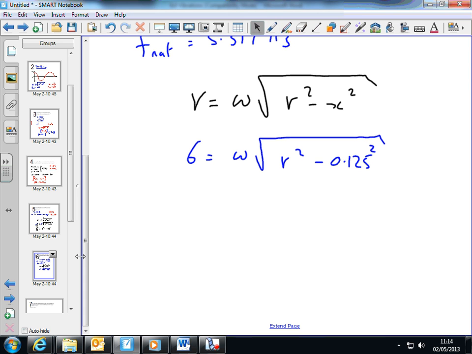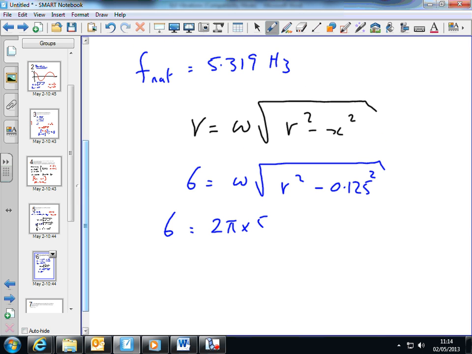And we can find omega because omega is 2 pi f. 2 pi times 5.319 times the square root of r squared minus 0.125 squared. So we've just got a little equation to solve. Divide both sides by 2 pi times 5.319 and then square everything, and away you go, okay, to find r. And you should get the answer in the script if you do that.